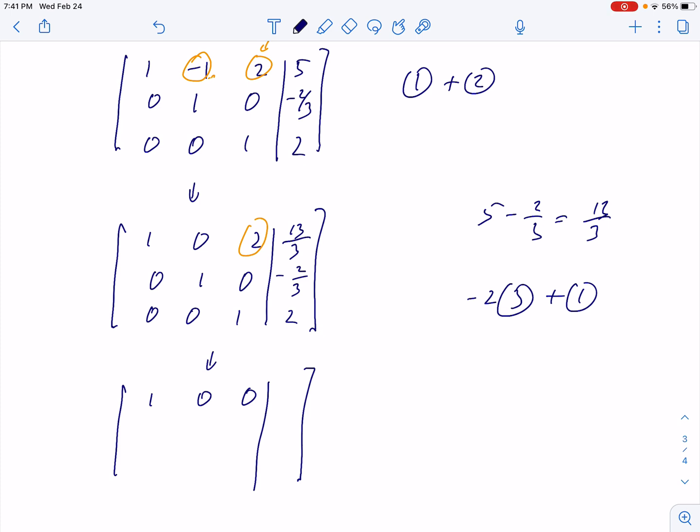And behind the bar we have 13 thirds minus 4, because we multiply the last row by -2 and add to the first, so this is it. So 13 minus 12 will be 1/3. 1/3 here. And nothing changes with the other rows.